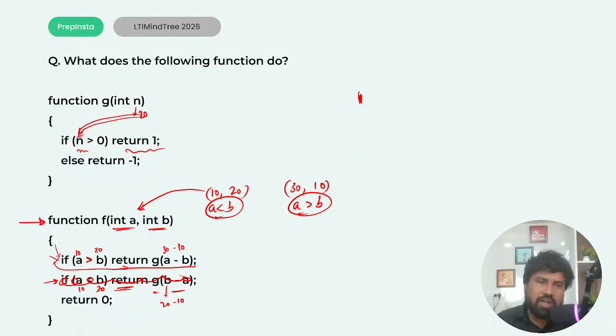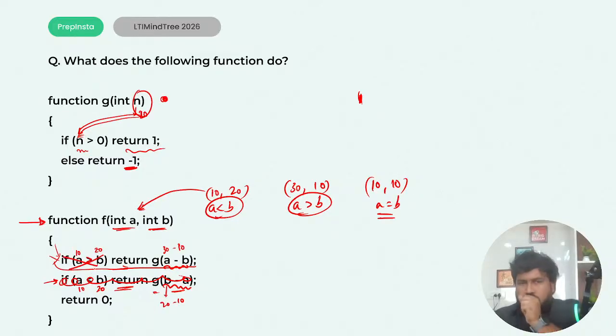When will this return minus 1? When n becomes 0. When n becomes 0, a and b are both equal, then what will happen? Both if statements won't get executed, and the g function will never get called.